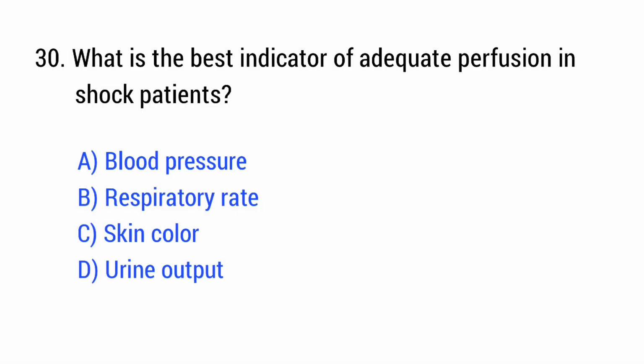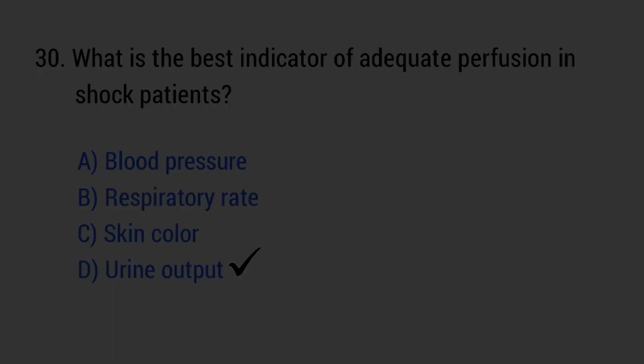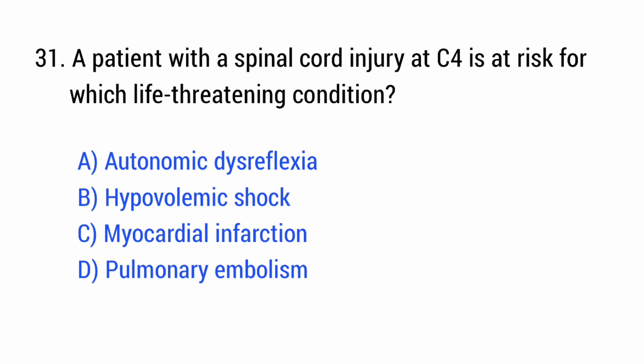Question number 30. What is the best indicator of adequate perfusion in a shock patient? The right answer is option D, urine output. Question number 31. A patient with a spinal cord injury at C4 is at risk for which life-threatening condition?